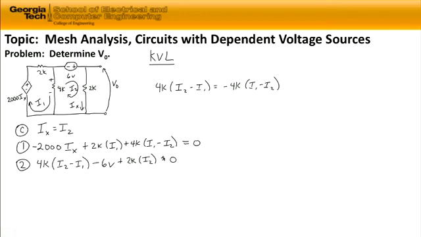What we're interested in this problem is V out, the output voltage across the 2 kilo ohm resistor. We know that V out is equal to 2K times I sub 2.